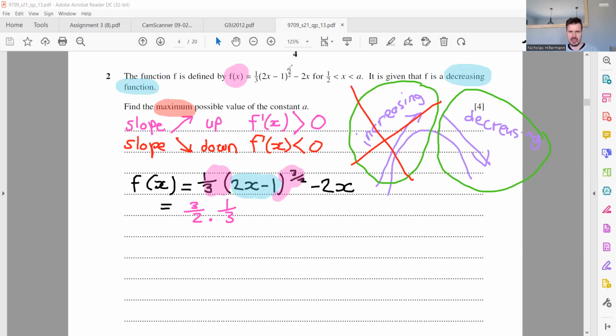Then the inside we leave alone. So I'm actually doing, we should call this the outside-inside rule, because I'm doing the outside first. So I'm saying the 3/2 times the 1/3. I leave the inside alone, so the 2x minus 1 stays the same.